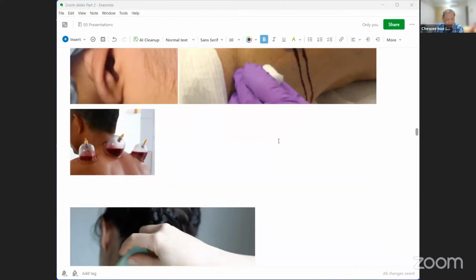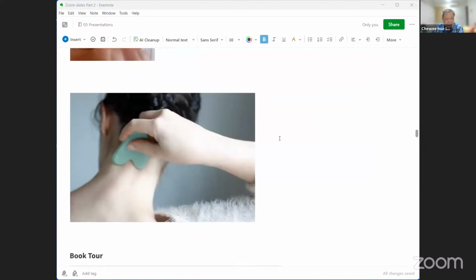So blood for blood. What about this? Yes. This is blood treat blood. Whenever you use this tool, all right, there is bloodletting. Only that the blood doesn't come out. The bloodletting is under the skin.